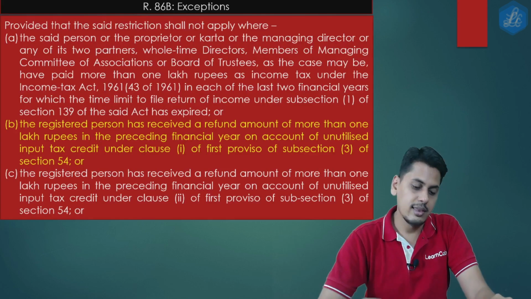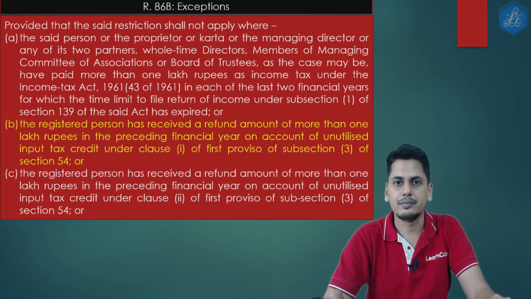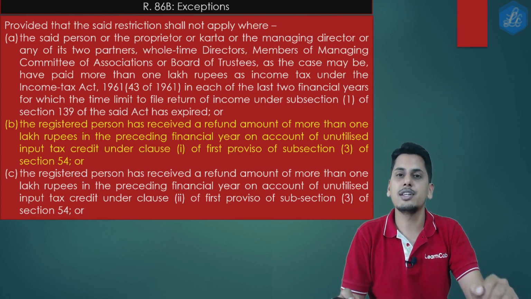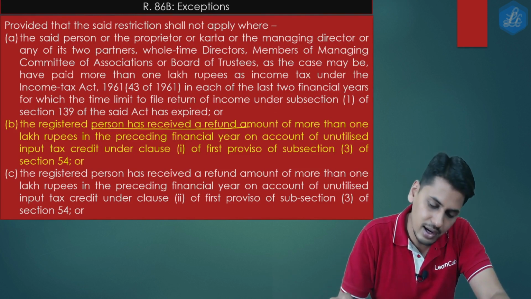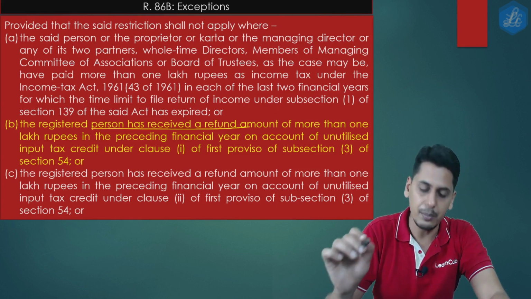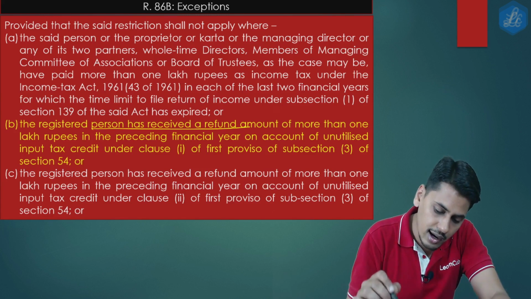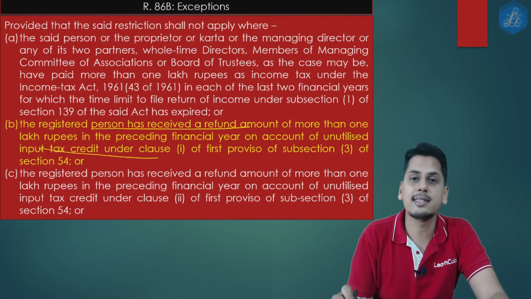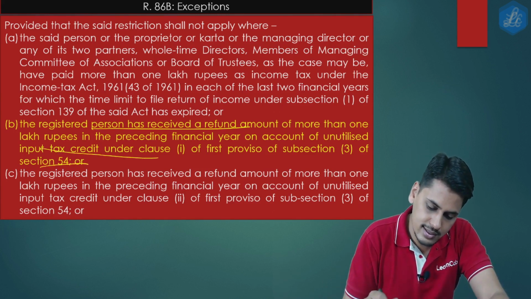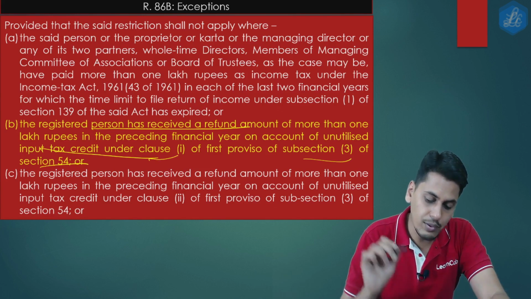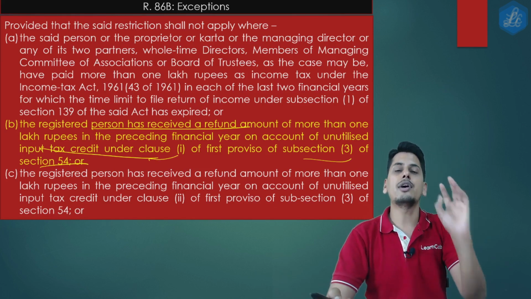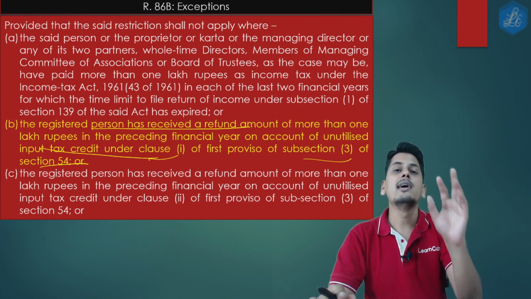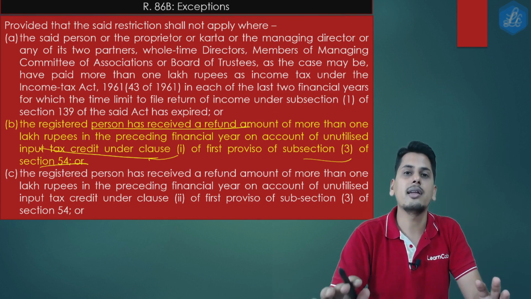So therefore, there is a specific relaxation in 86B which states that if the registered person has received a refund amount of more than rupees 1 lakh in the preceding financial year on account of unutilized input tax credit under section 54 subsection 3 clause 1 of the first proviso, which means nothing but refund of accumulated input tax credit where zero rated supplies are made under LUT.